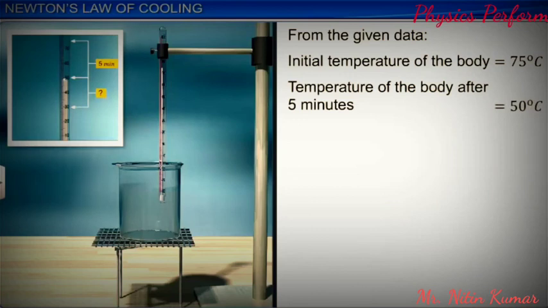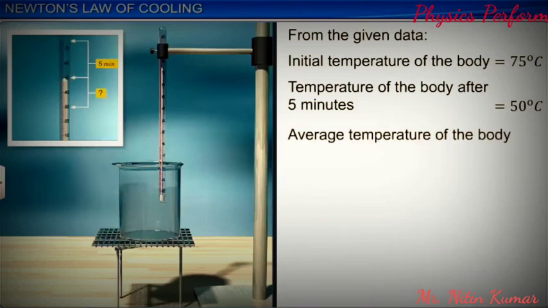Since the temperature of the hot body is not constant, the average of the initial and final temperatures has to be calculated to arrive at the value of T2. When the body is cooled from 75 degrees Celsius to 50 degrees Celsius in 5 minutes, the average temperature of the body is the average of 75 and 50, which is equal to 62.5 degrees Celsius.